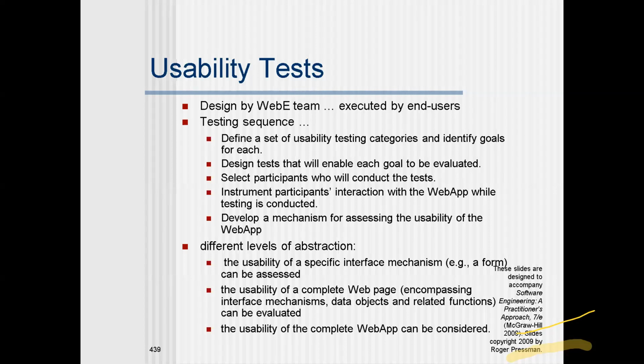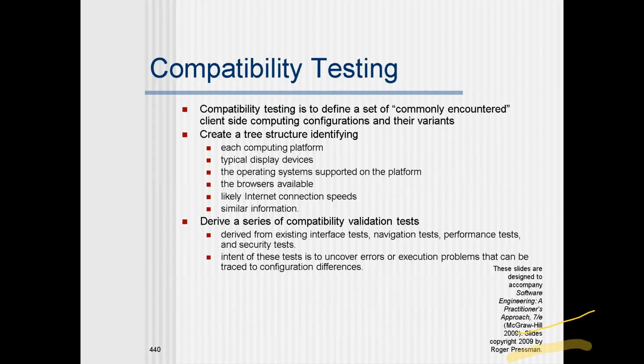Now only a form I'll be checking in the beginning, and then as a complete web page, now this is like integrating. Different forms will be there in a web page, and probably I'm testing all those things together as such. And then the usability of a complete web app. Now first at the form level, then at the web page level, and then at the web app level will be tested.